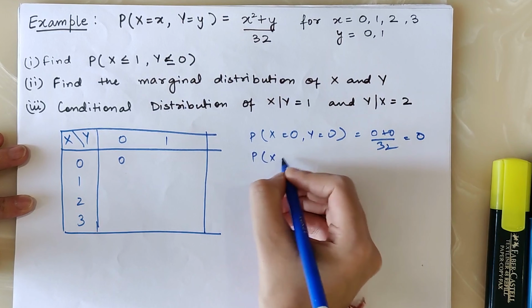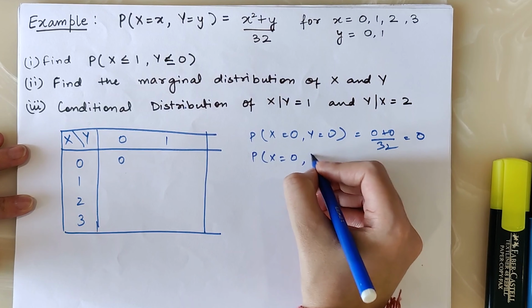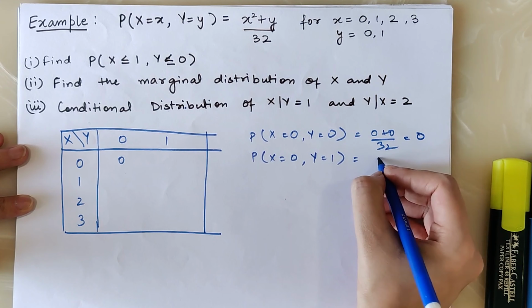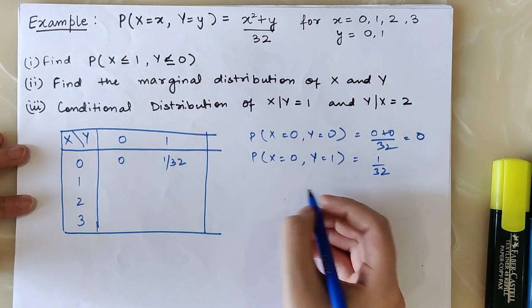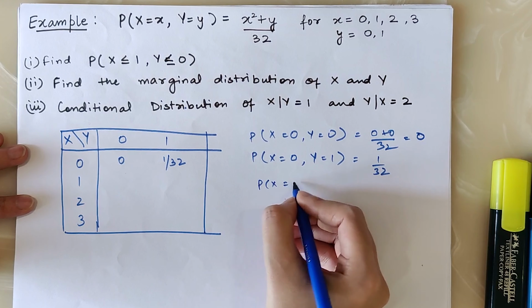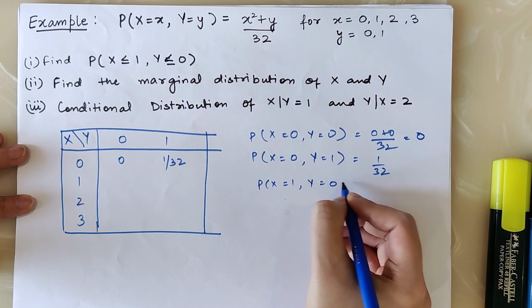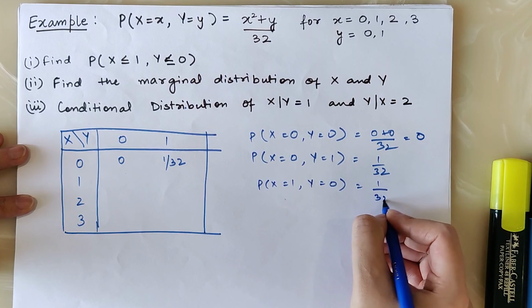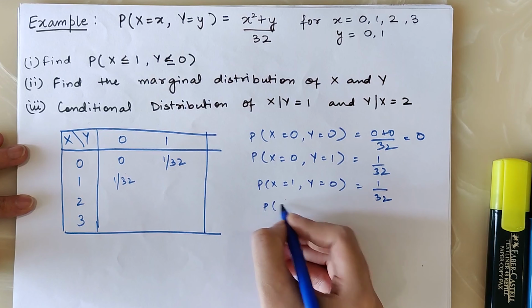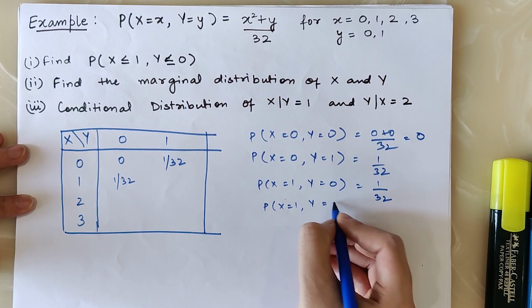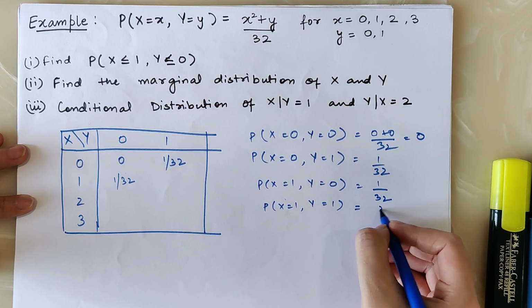Now probability x equal to 0 and y equal to 1 is given by 1 by 32. Probability x equal to 1, y equal to 0 is 1 by 32 again. Now probability x equal to 1 and y equal to 1 is 2 by 32.